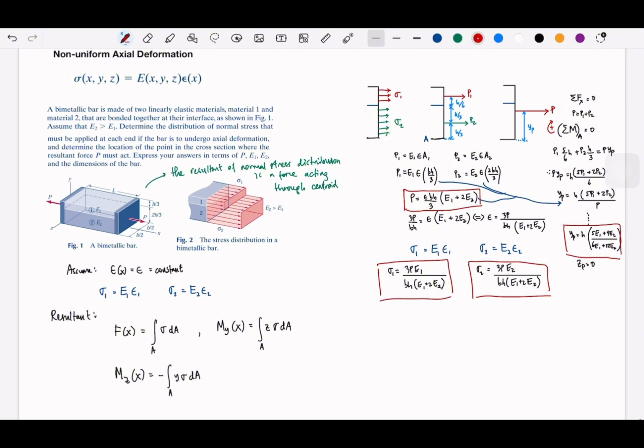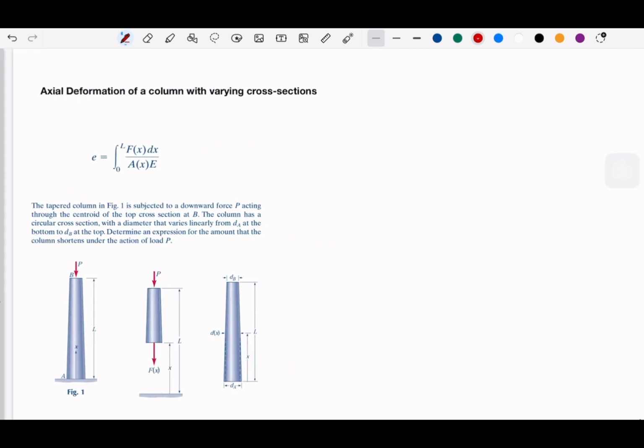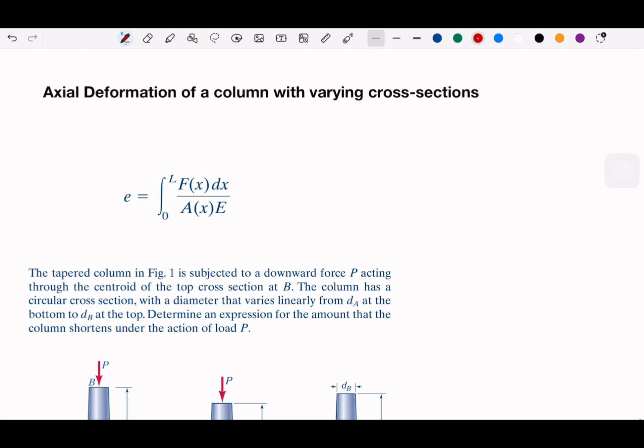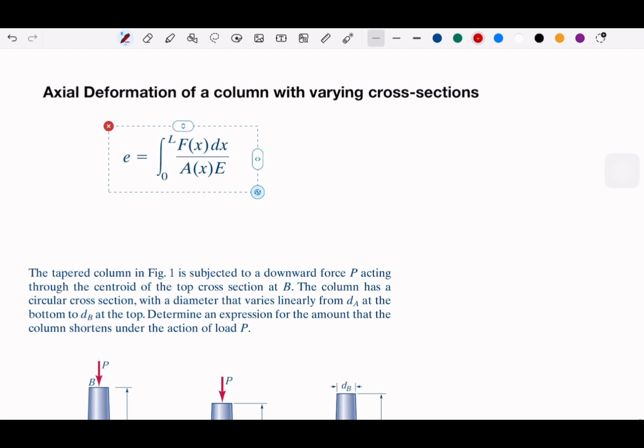So that's basically a few subtopics, some variations of cases, in non-uniform axial deformation. The next one is if we have different cross sections.